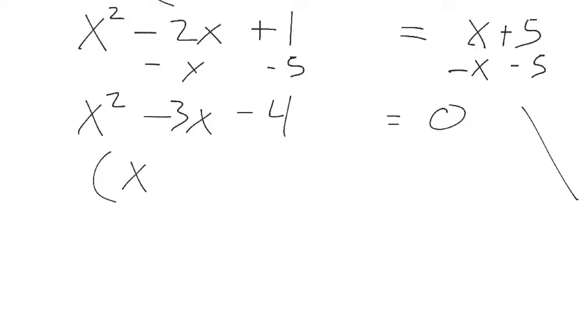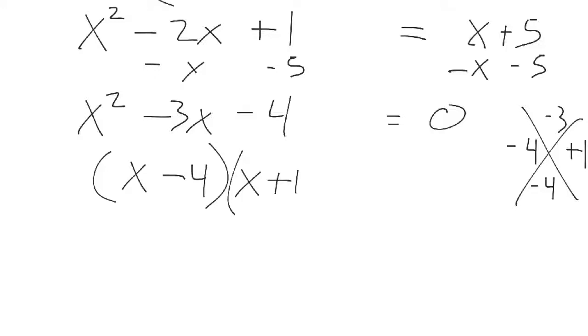Factoring, because of course you have to find out what numbers multiply up to negative 4 and add up to negative 3. That's, of course, negative 4 times positive 1. Negative 4 times positive 1 is negative 4, and then negative 4 plus 1 is negative 3. So the factors are x minus 4 and x plus 1 equals 0.